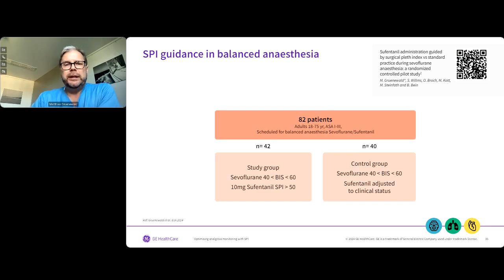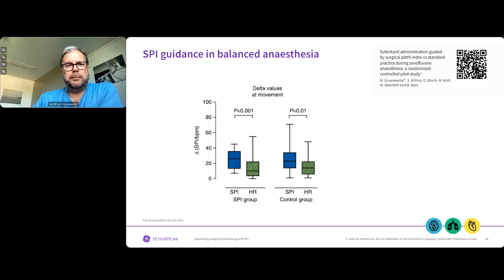This is a study we did then with sevoflurane and intermittent opioid bolus of sufentanil. Just want to show you that it makes sense, and we see again the delta value is much more pronounced than looking at heart rate itself in both groups.